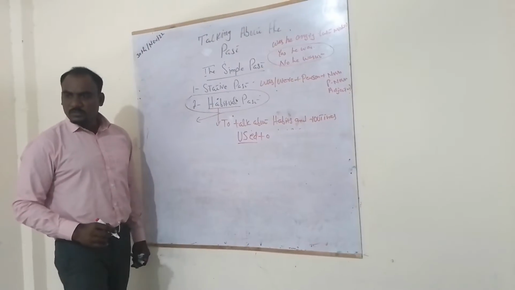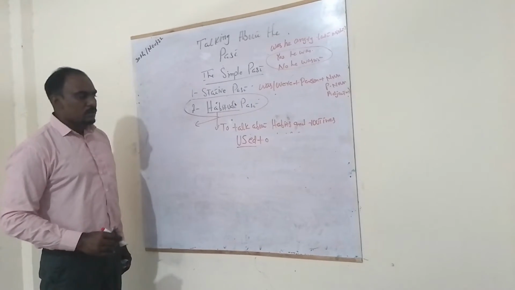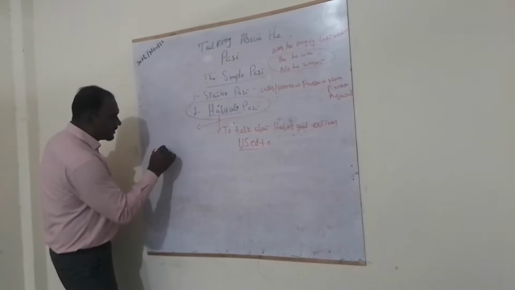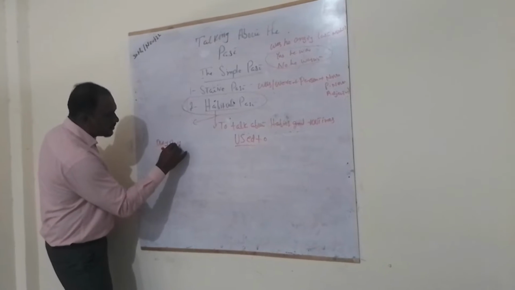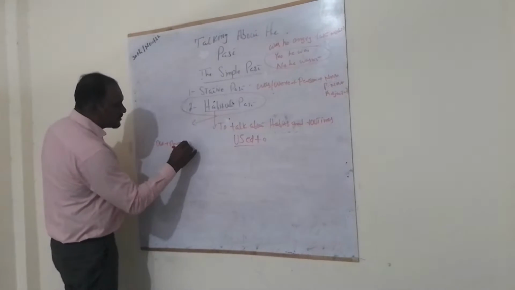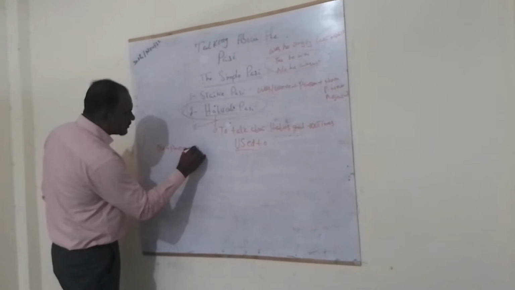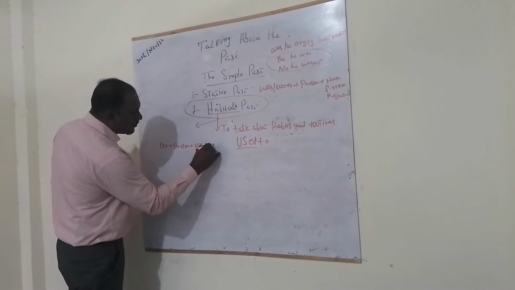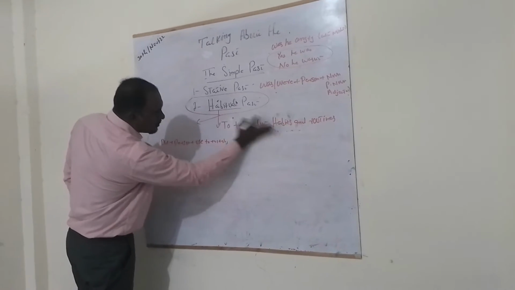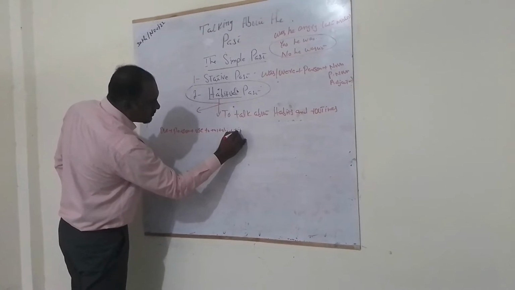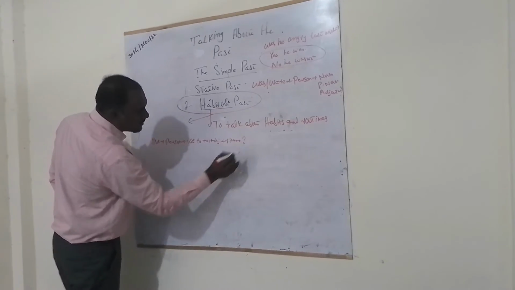For example, the formula is did plus person plus used to plus v1 plus object plus time plus question mark.